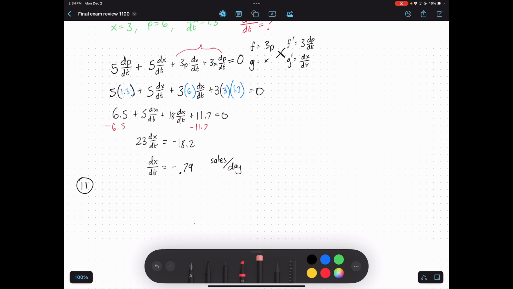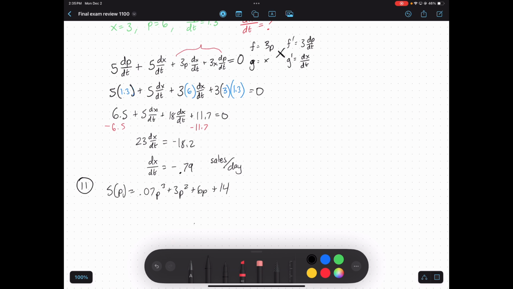Number 11 is dealing with the differentials idea that we talked about. It gives me this S of P equation, 0.07P cubed plus 3P squared plus 6P plus 14, which represents a supply function for a certain product.